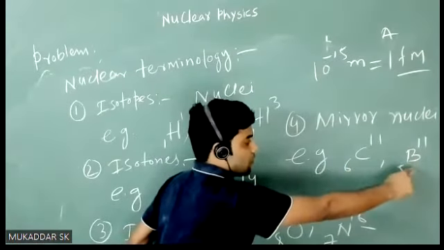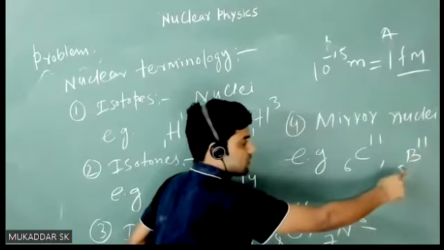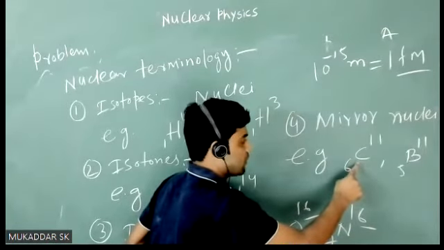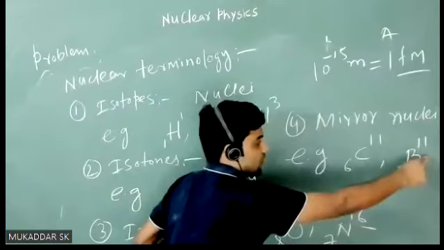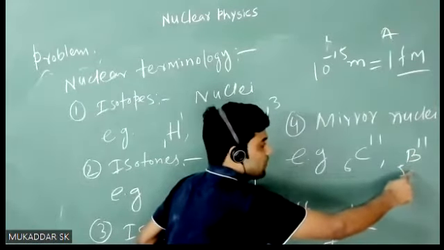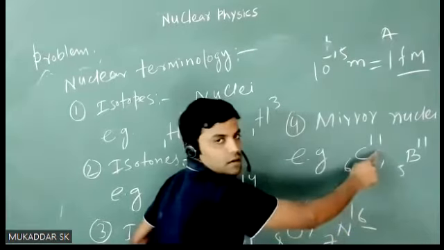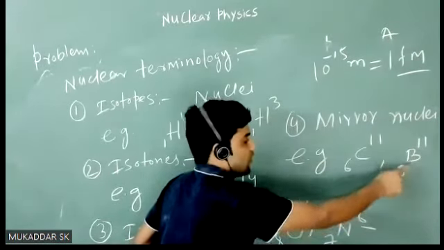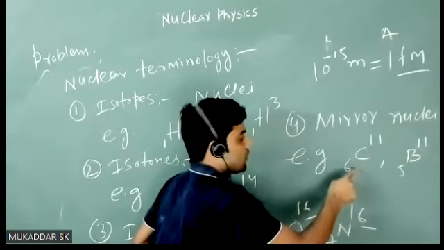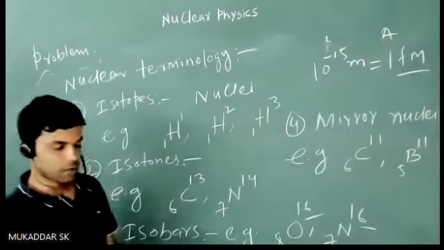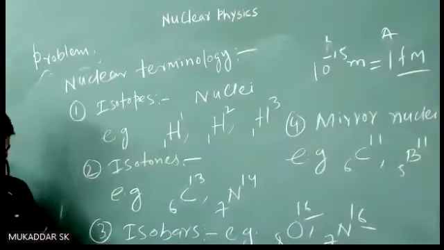Its number of neutrons will be 11 minus 5, 6. So the proton number of this nucleus will be exactly the same as the neutron number of this nucleus, and the proton number of this nucleus will be exactly the same as the neutron number of this nucleus. You can check. Proton number is 5 for boron. Number of neutrons will be 11 minus 6, that will be 5. So proton number and neutron number are interchanged.